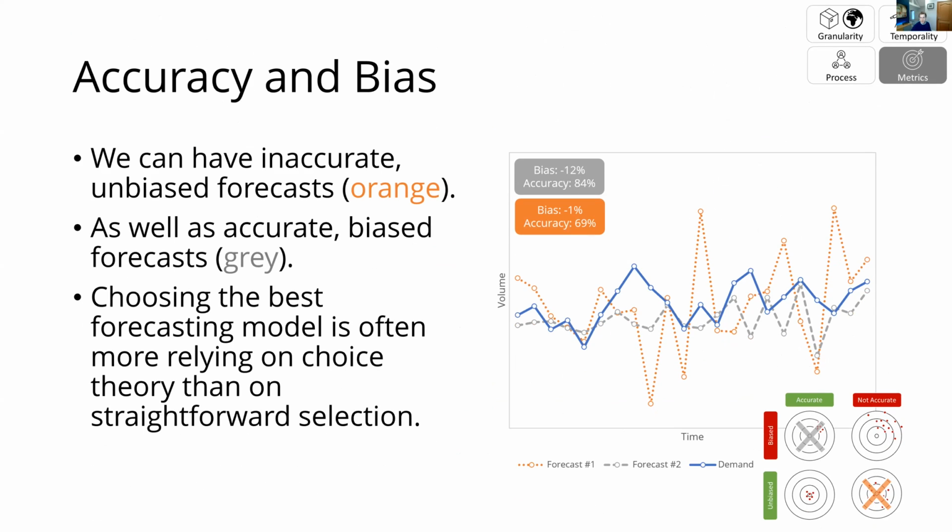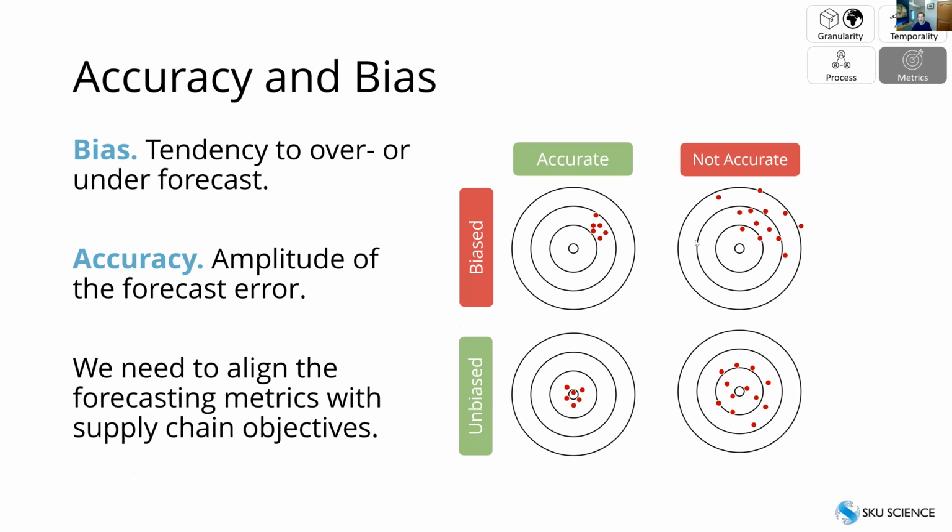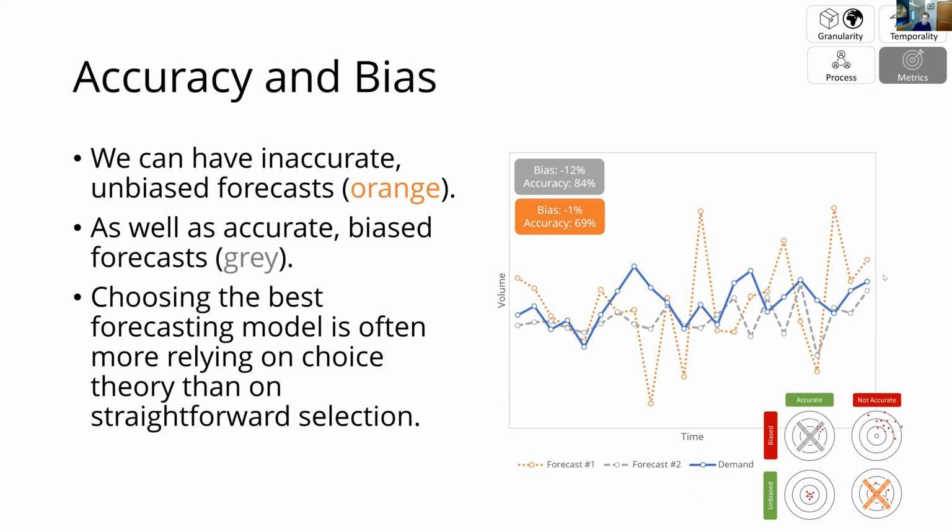So maybe some of you here would be thinking, how is it possible that you could be at the same time accurate and biased, or not accurate and not biased? Well, let me show you an example. You see here on the right that we have a demand, right? So you have some sales, let's say every month, and you have two forecasts.